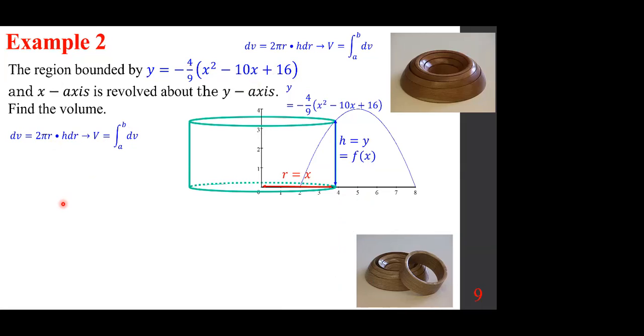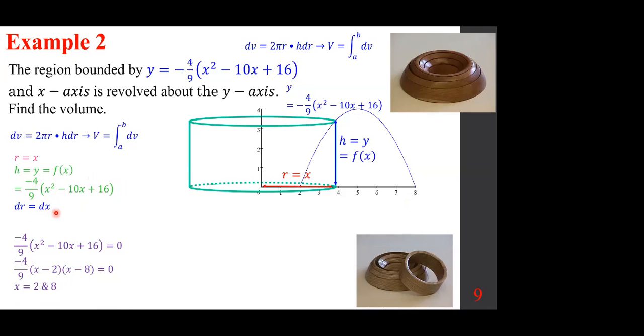We're going to go from here, having x coordinate 2, all the way to here, having x coordinate 8, from 2 to 8. That's it. So r is x, h is y, a and b are 2 and 8. So r is x, h is y, here's the function, dr is dx, and here are those numbers 2 and 8.